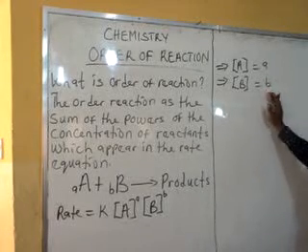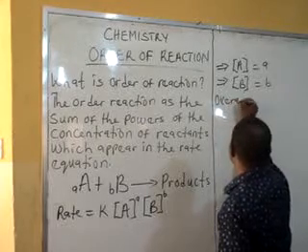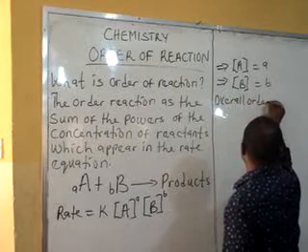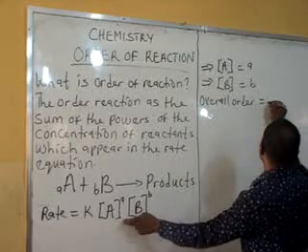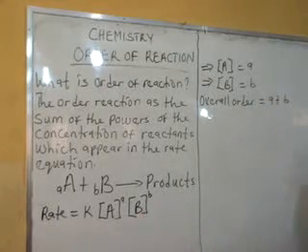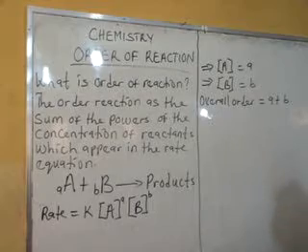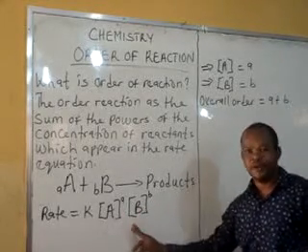But there is what we also call the overall order of reaction. Now, the overall order of reaction will give us a plus b. So when we talk of order of reaction, we simply mean the power of the concentration of the reactant.